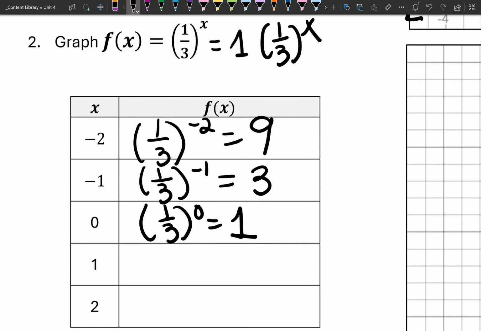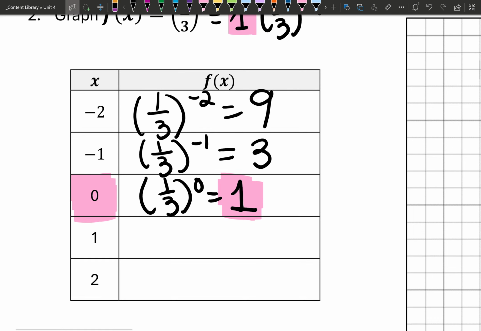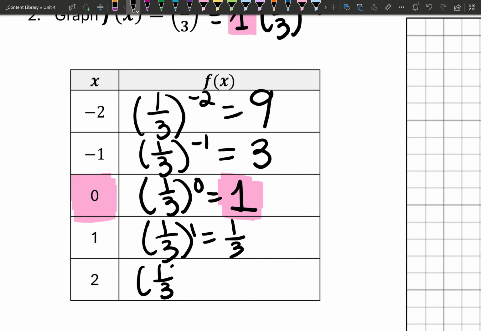1/3 to the power of 0 is 1, just like our y-intercept set in the function in that standard form. Then we got 1/3 to the power of 1 and 1/3 to the power of 2. Beautiful.